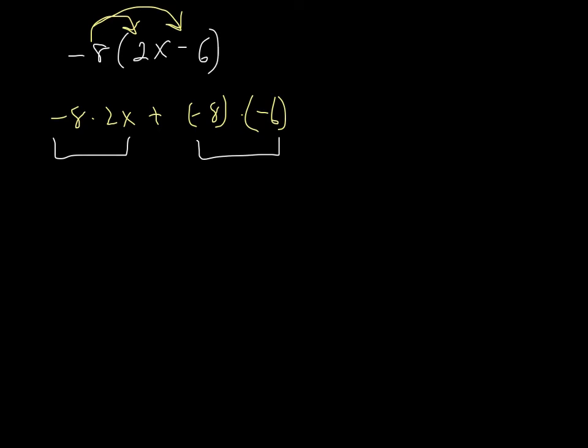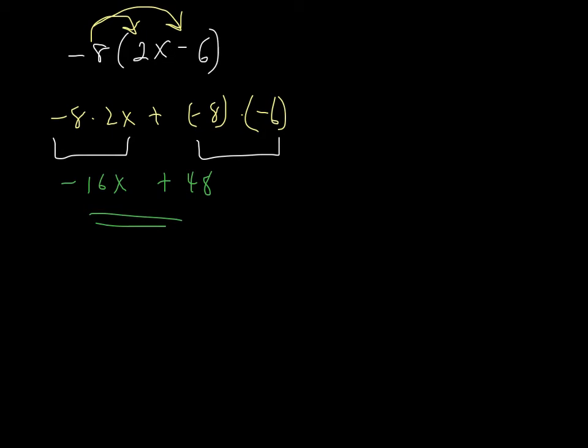A negative 8 times a positive 2 is a negative 16x, because it's 2x. And negative 8 times negative 6 is positive 48. That's our final answer. Now notice all of my answers tend to have the variable expression first and the constant second. That's how I'd like to express all my answers, even if their original order doesn't look like that.